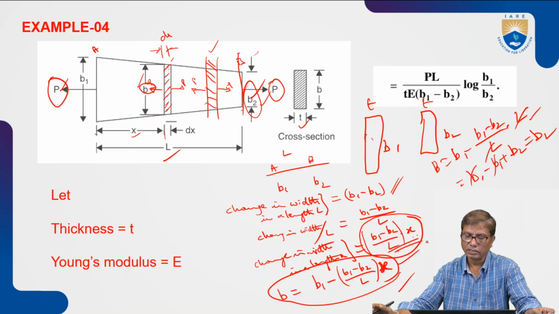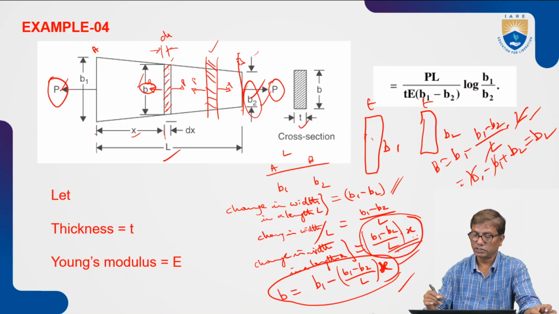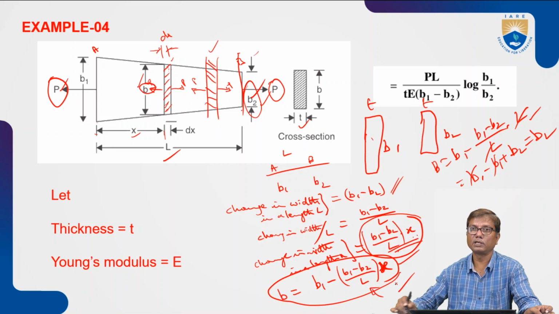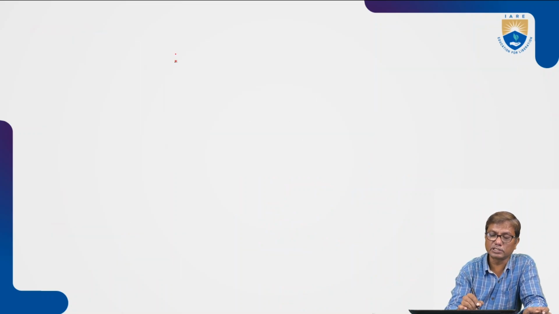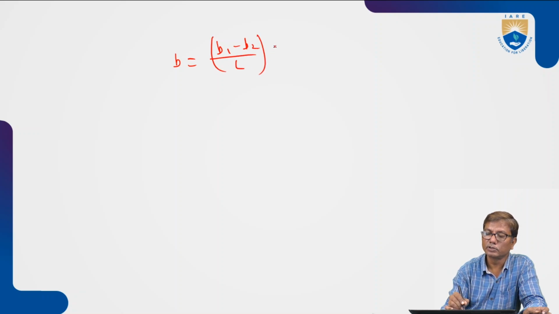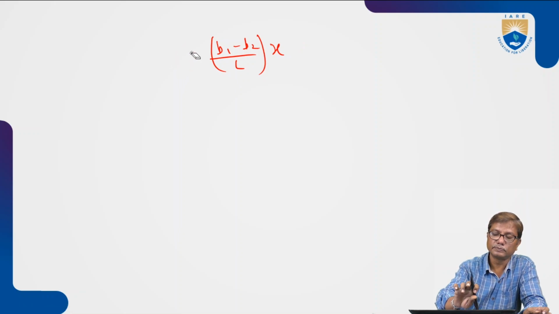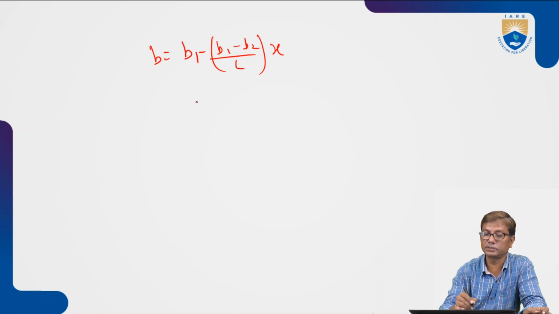For convenience, we take this B1 minus B2 by L as k. So the width at any section now is B1 minus B2 by L into x, that is B1 minus of this.